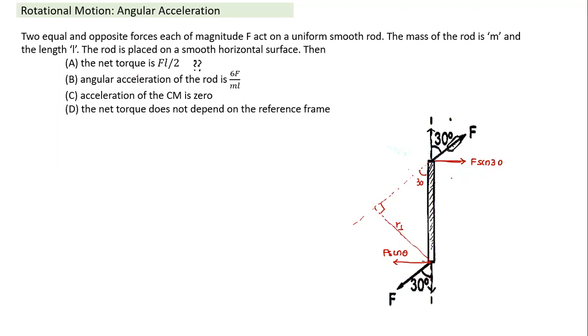So what is the net torque here? Net torque is easy: F into sin 30 into L, which is equal to FL by 2. And the second thing you notice: whenever a couple acts, net force is 0. So the net force is 0, and the center of mass, which is here, even if you apply this force, the rod will rotate, but its center of mass will not change, which I mentioned earlier.